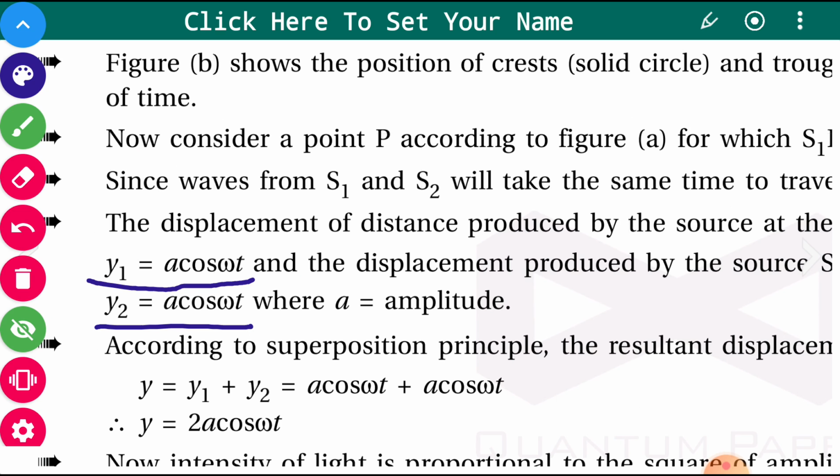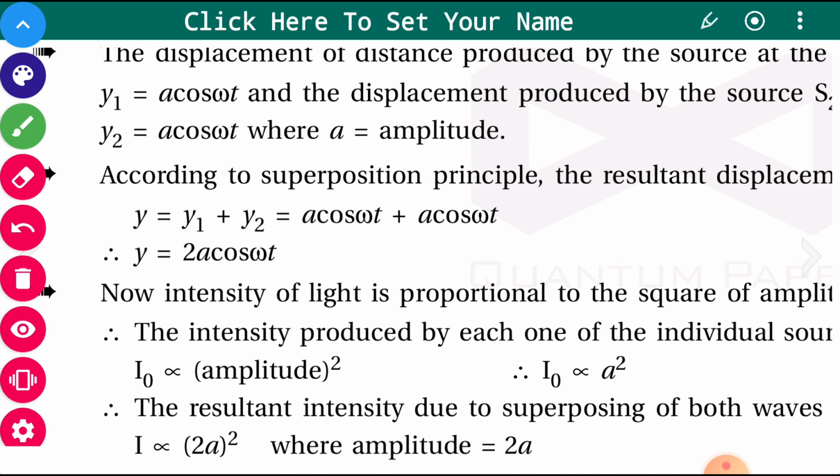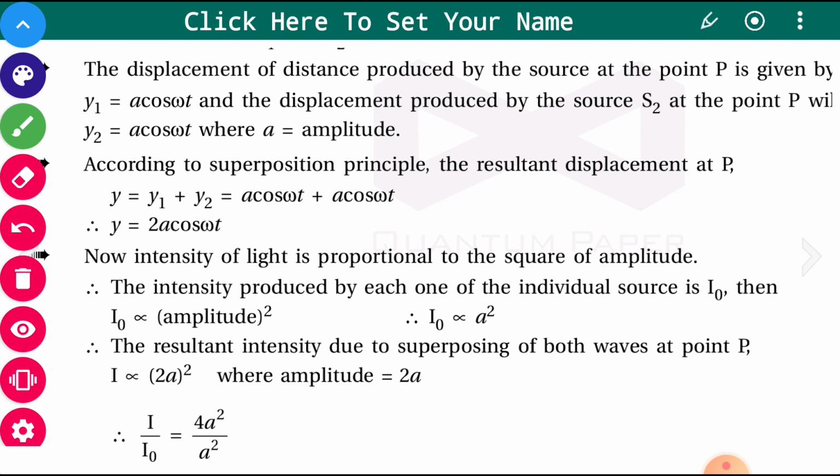So y1 is equal to a cos omega t, y2 is also a cos omega t, where a is the amplitude. Now by the superposition principle, y1 plus y2 becomes 2a cos omega t. This principle we have studied.